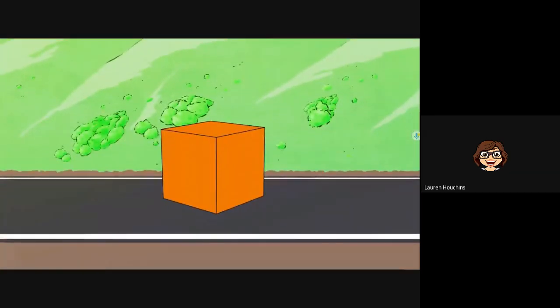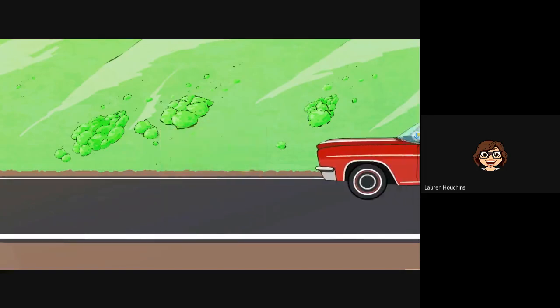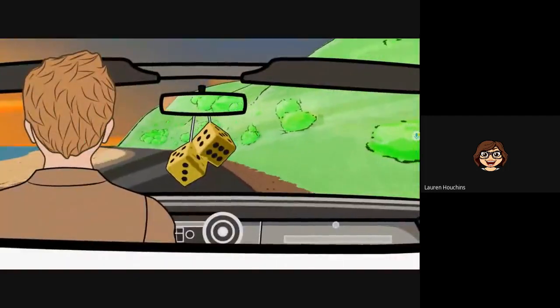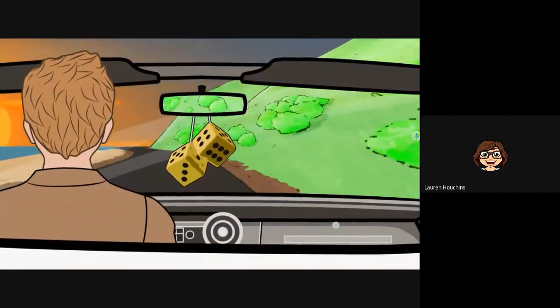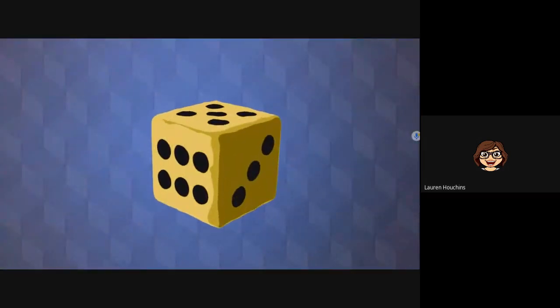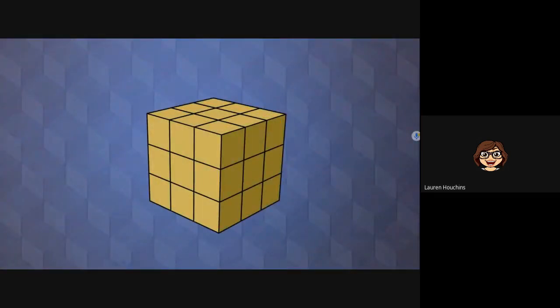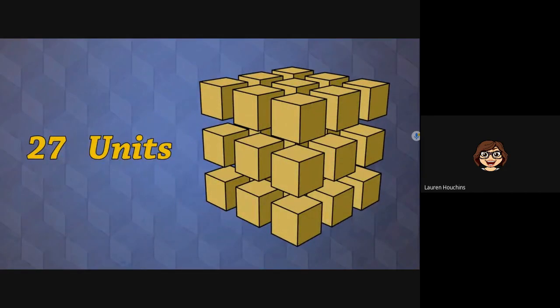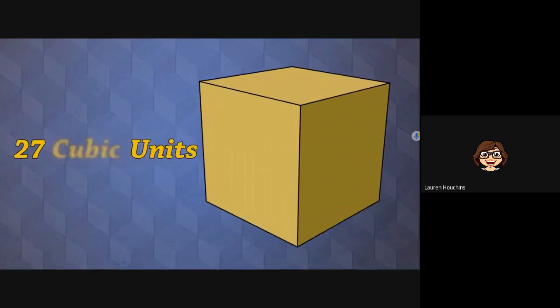Find the volume of a cube. Side times side times side will tell you the number of times a cubic unit will be able to fit inside it. Imagine a cube with edges of 3. Multiply 3 by 3 by 3 to see it can fit 27 units. Gotta mention that they're cubic.